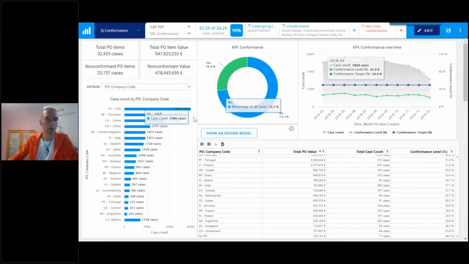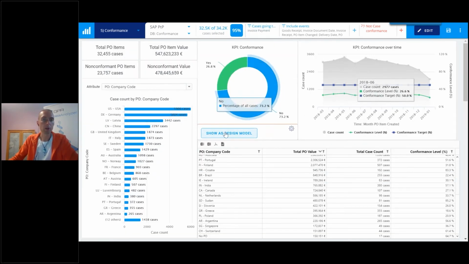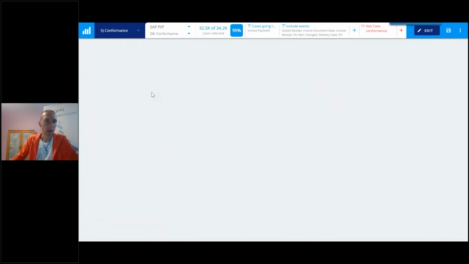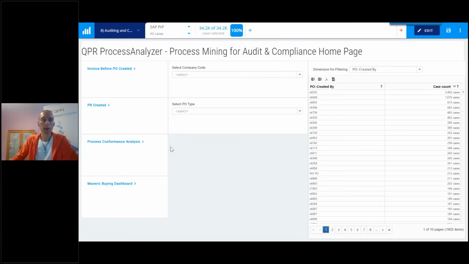So this is an example of the conformance analysis where you compare the as-is situation with the design model, and then going to our auditing and compliance solution.